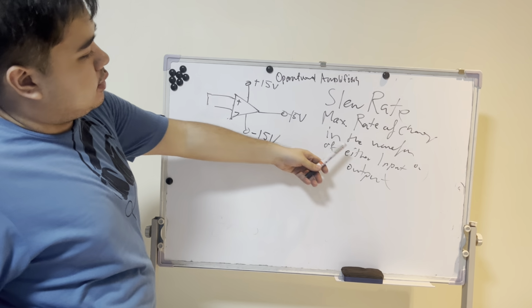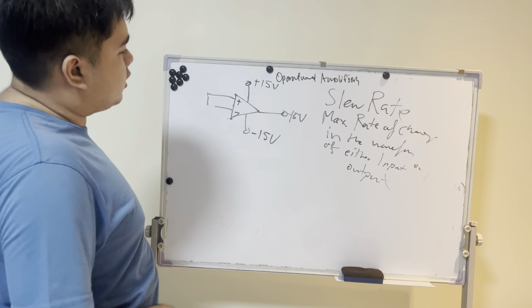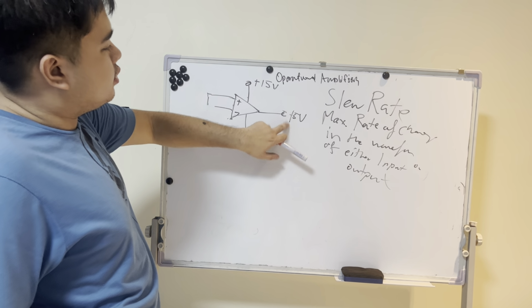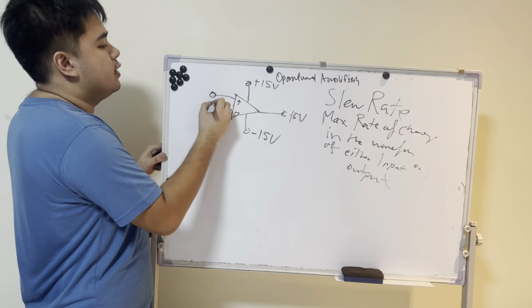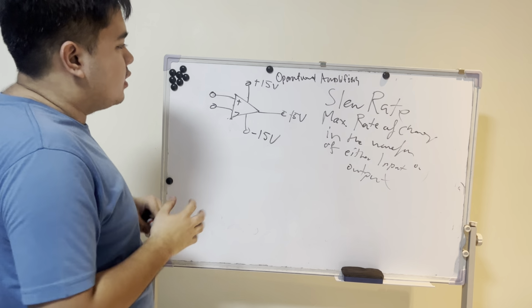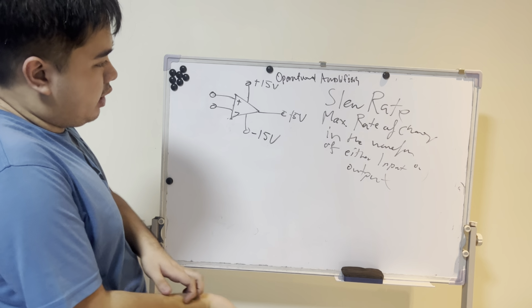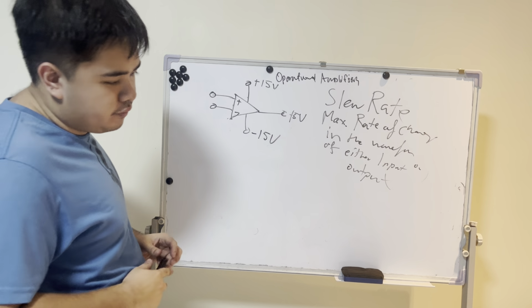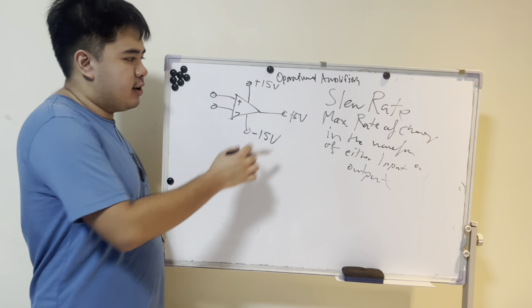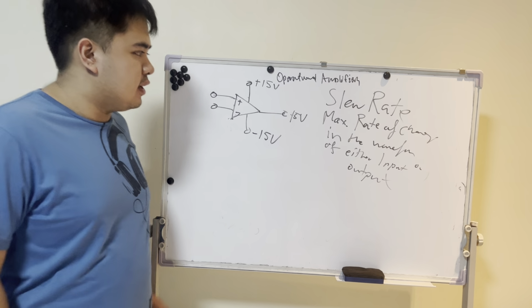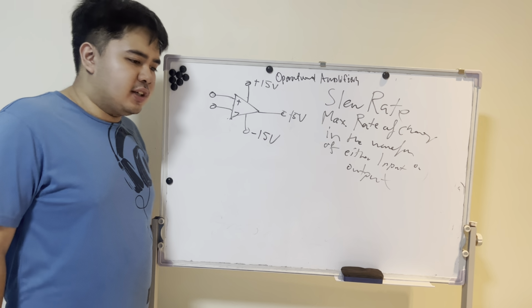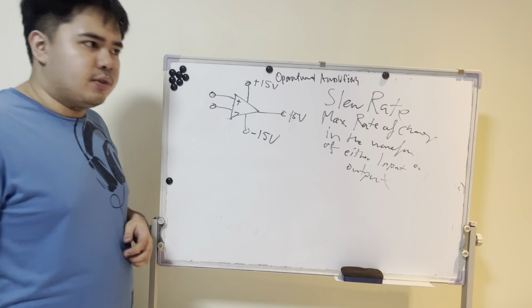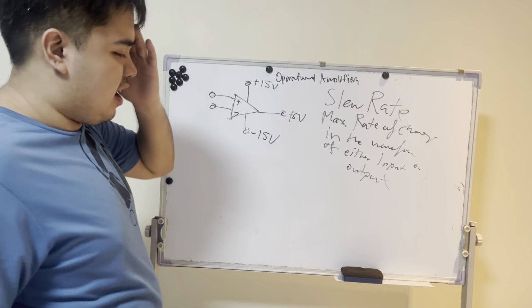Why did I say either input or output? Because the output is usually way bigger, right? But if you connect it in some configurations, the input has greater magnitude. So let's not have input or output.